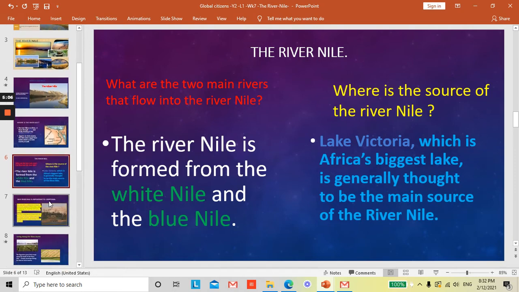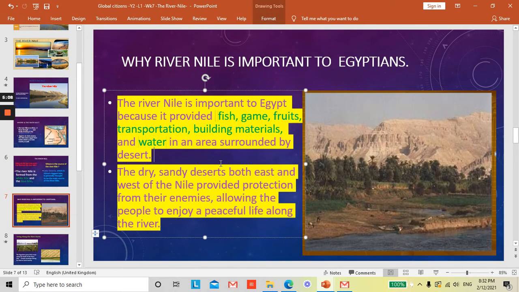Let's proceed. We are going to look at the importance of the River Nile to Egyptians. The River Nile is important to Egypt because it provides fish, game, fruits, transportation, building materials, and water in all areas surrounded by the desert.